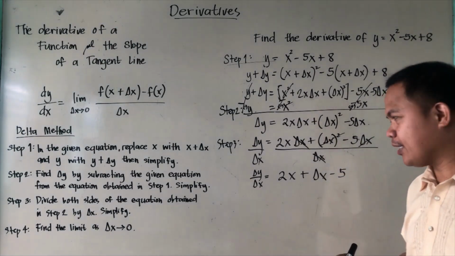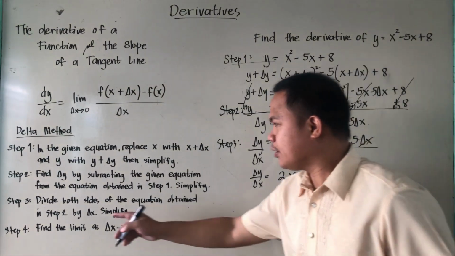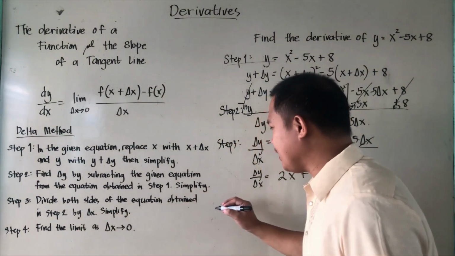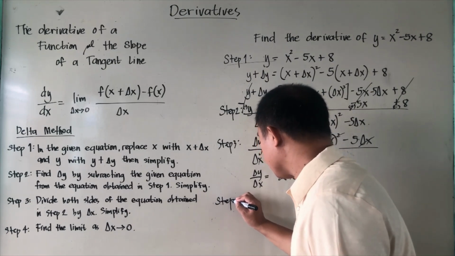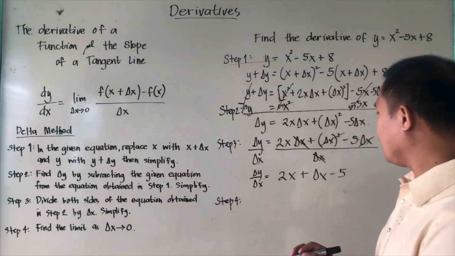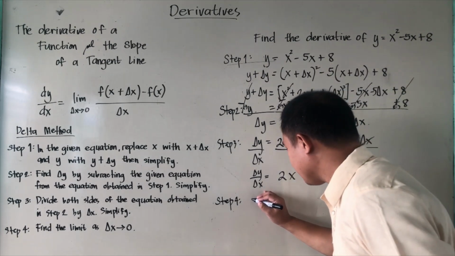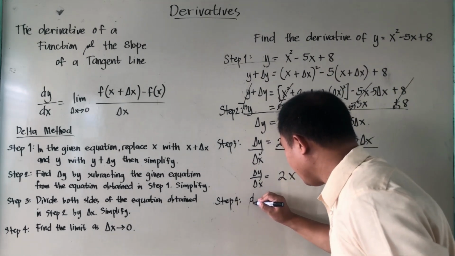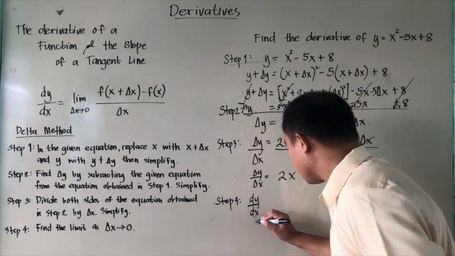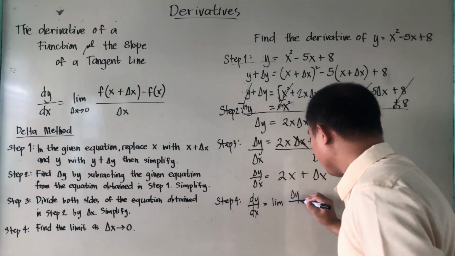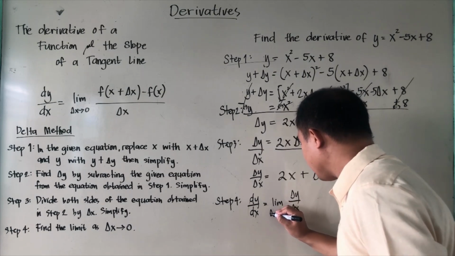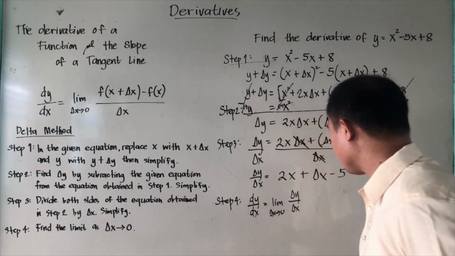Okay, are you following? Now, step 4, we need to find the limit as delta x approaches 0. So we have dy over dx is equal to the limit of delta y over delta x as delta x approaches 0.